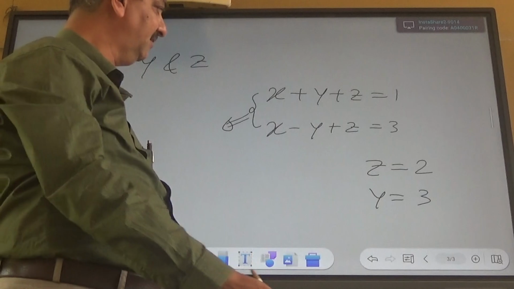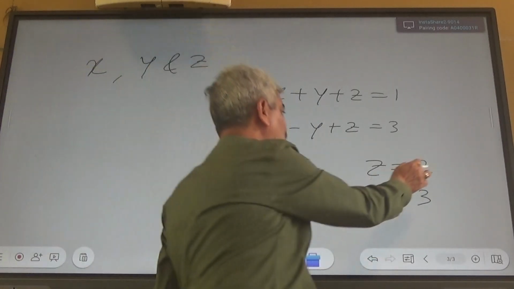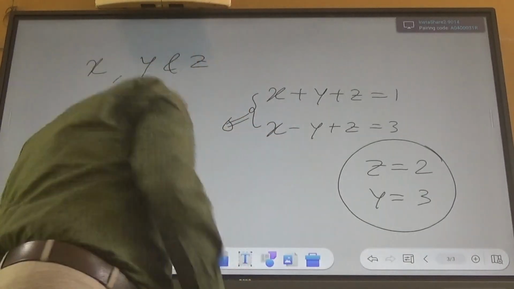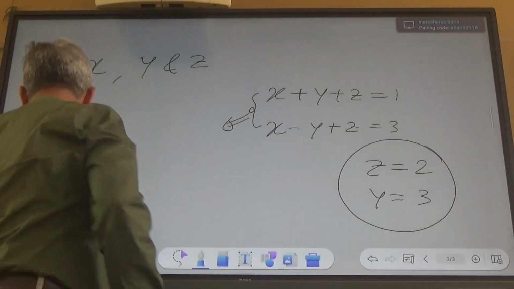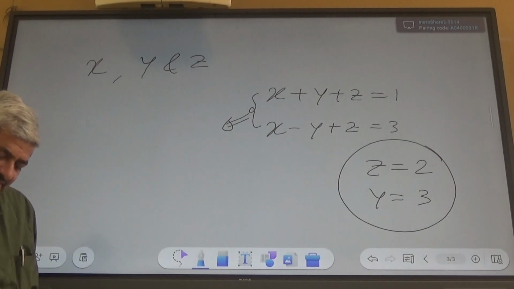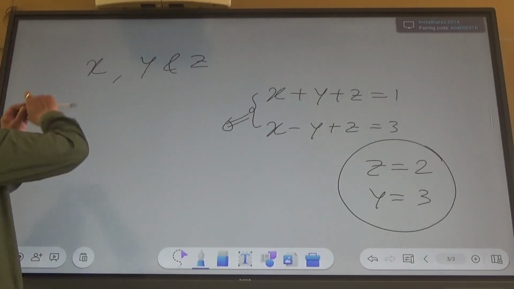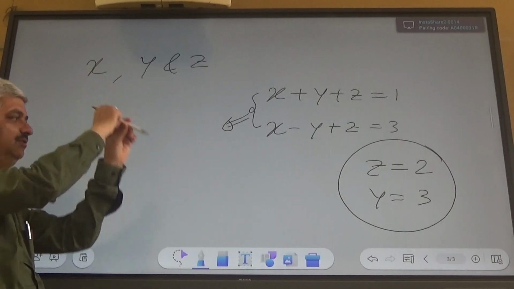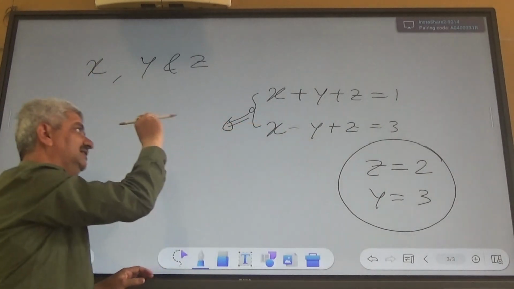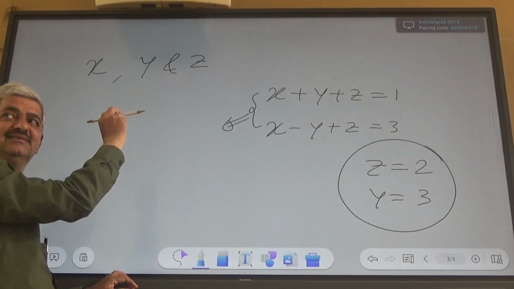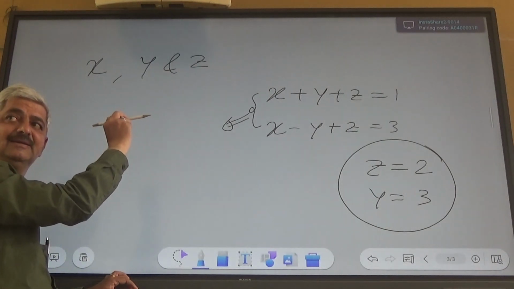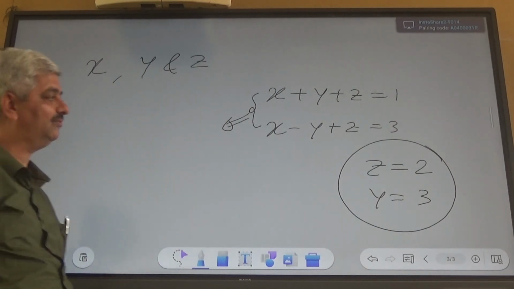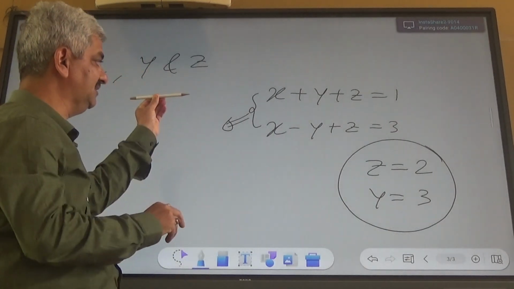So z equal to 2 and y equal to 3 is a line. This is x, with y equal to 3 and z equal to 2. So this is a line. Are you getting me? So these two together give this line. Is it okay? Right. So they represent a line.